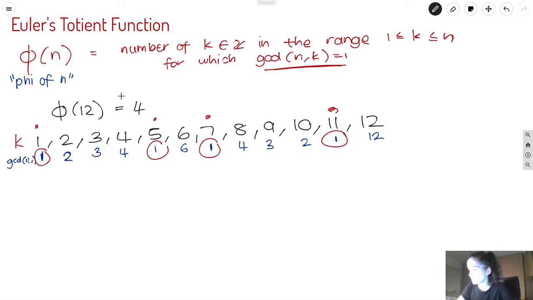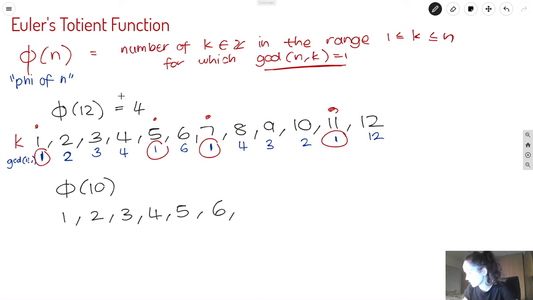Okay. Let's look at another example quickly. Say we had 10. So we're going to have 1, 2, 3, 4, 5, 6, 7, 8, 9, 10.